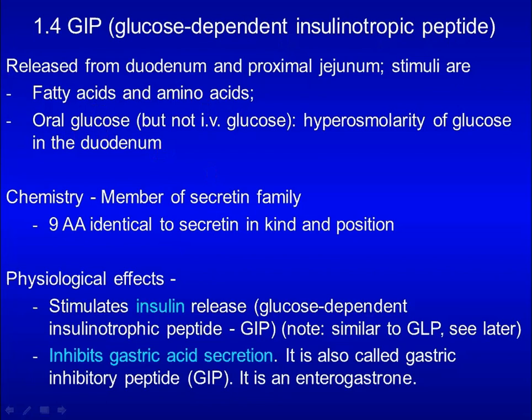It is a member of the secretin family. The major physiological effect of GIP is to stimulate insulin release. The second effect is to inhibit gastric acid secretion. That's why it is also called gastric inhibitory peptide. It is an enterogastrone.